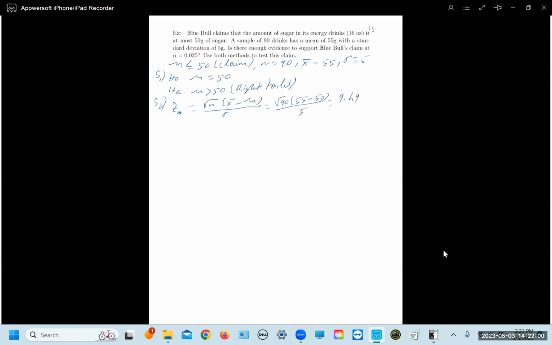After we do the calculations, this one is 9.49. Okay. Step 3, RR, rejection region method.